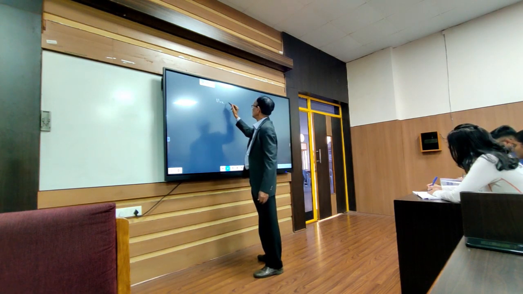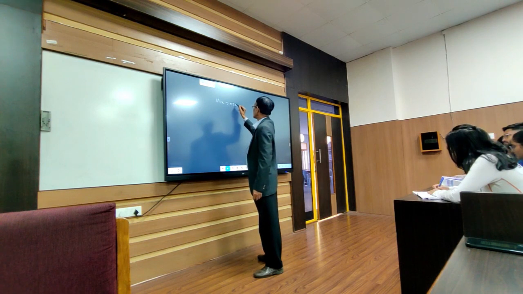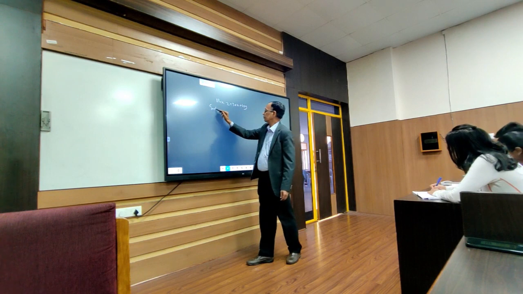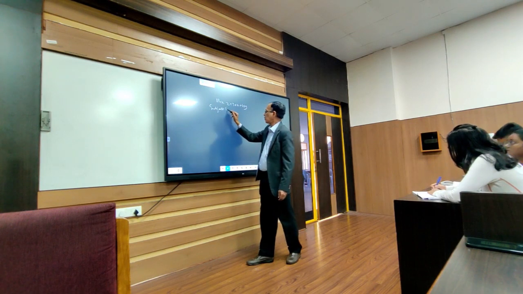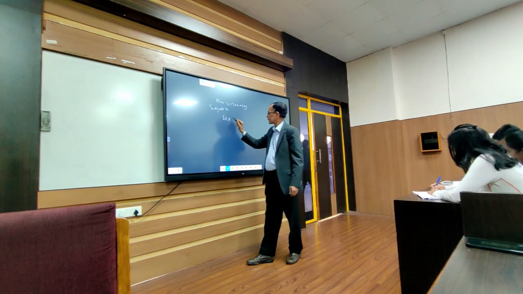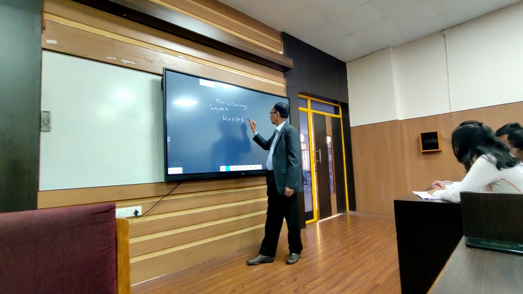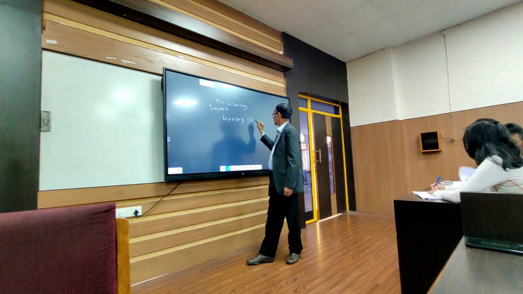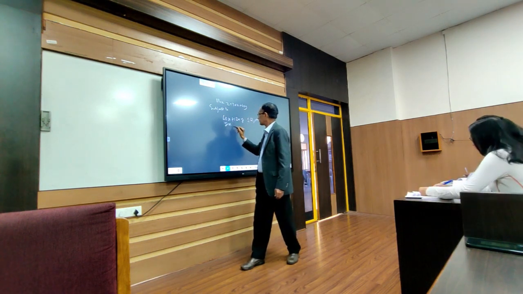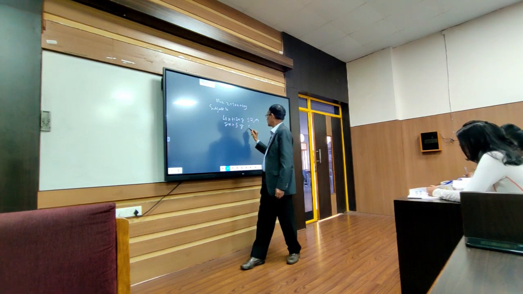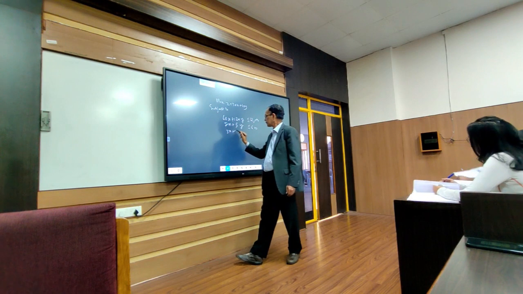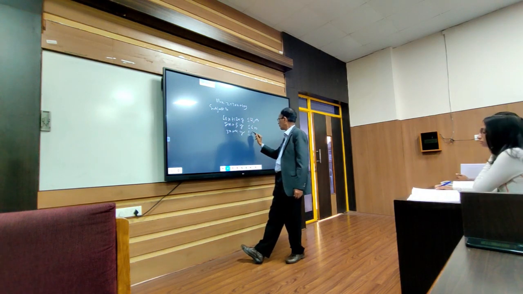Maximize z equal to 30x plus 40y subject to 60x plus 120y less than or equal to 12,000. Next, 8x plus 5y less than or equal to 600. Then 3x plus 4y less than or equal to 500.